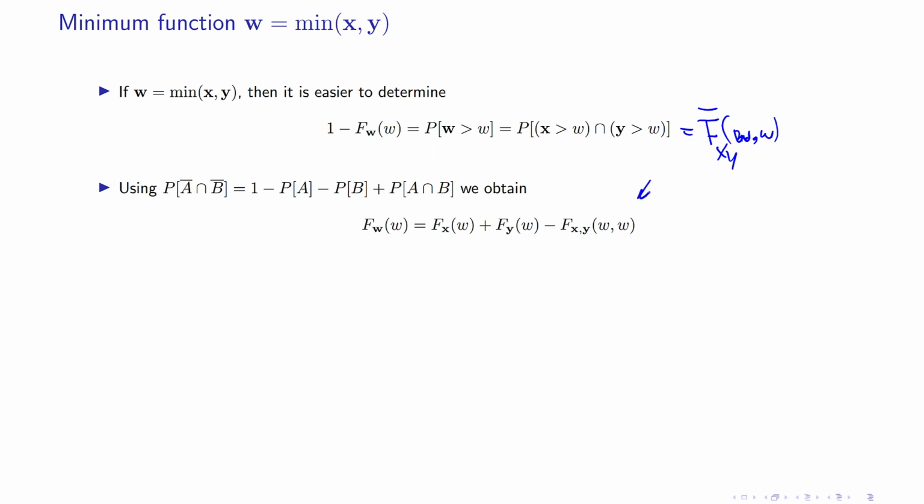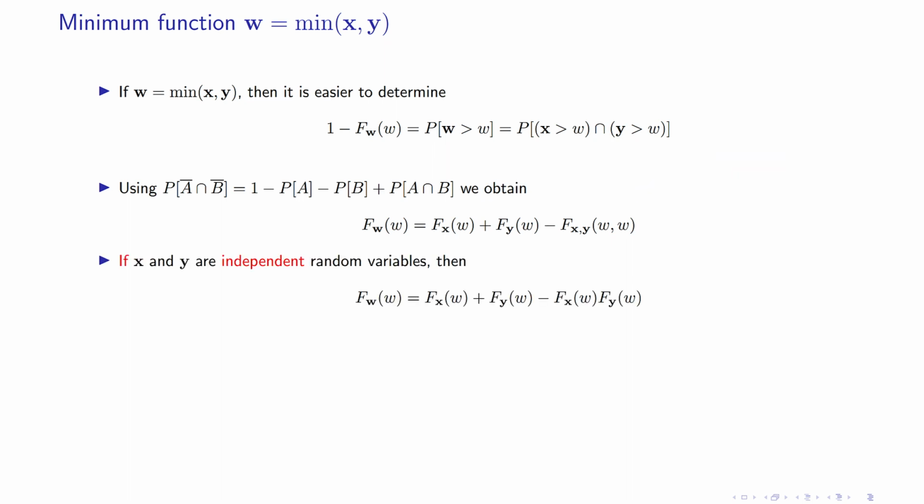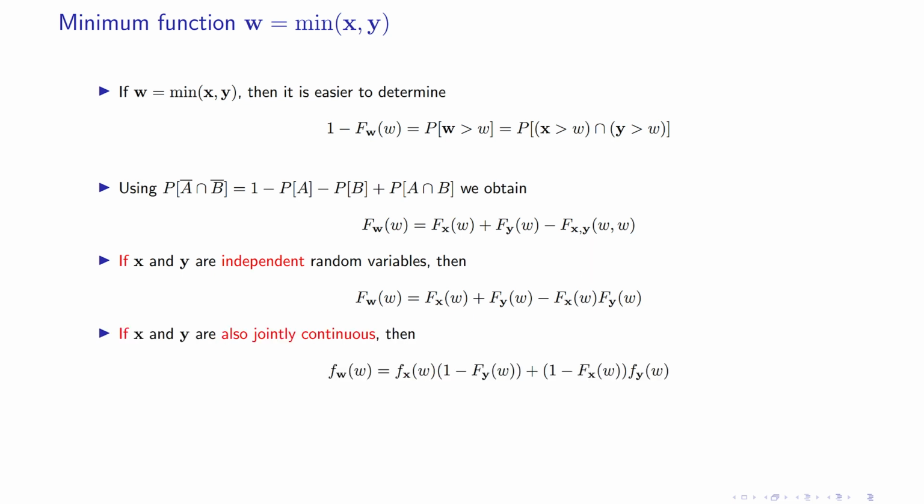Using that you can get this expression. If X and Y are independent, you can write this in terms of a product, and then using the derivative, if the distributions are jointly continuous, you get this one. So these are the expressions that we already had.